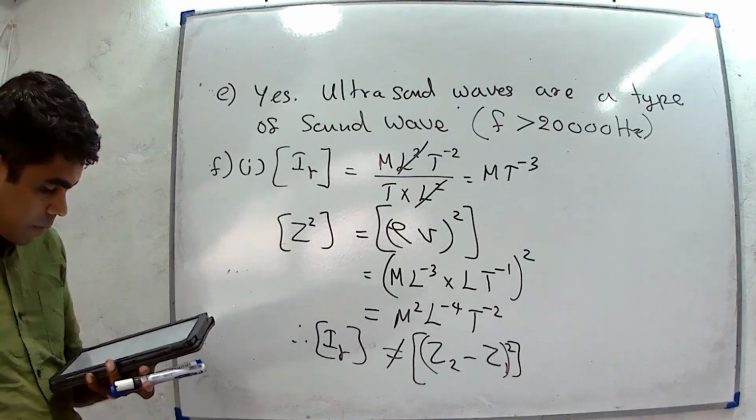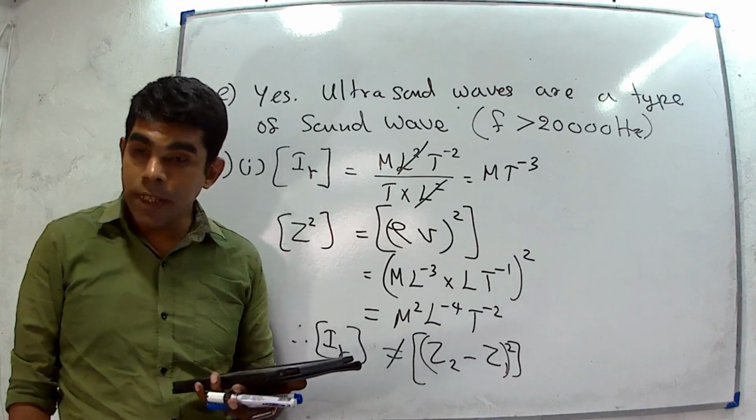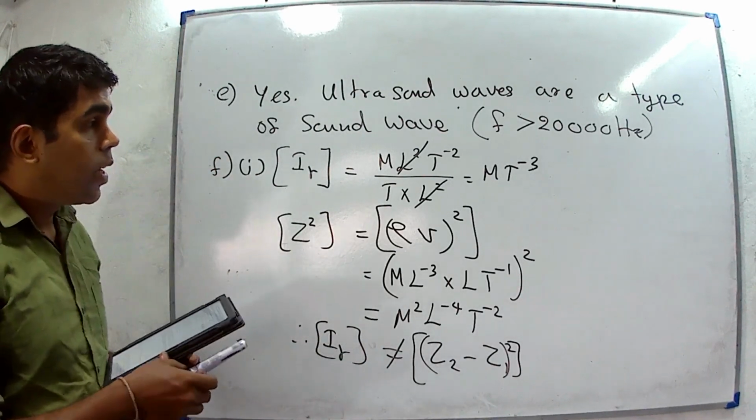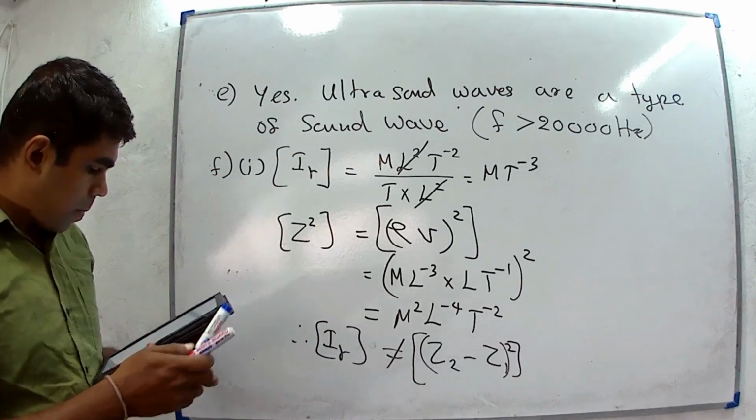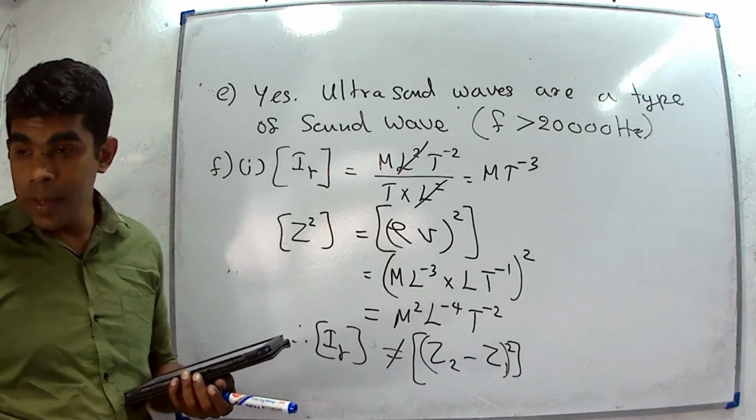Part 2. What will be the value of IR divided by I if Z2 equals Z1? Now we have to consider IR means reflected intensity. I means incident intensity.